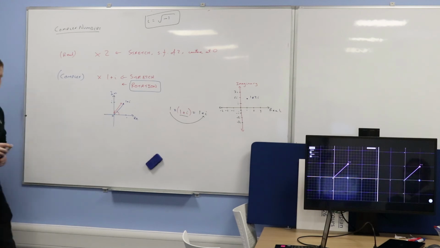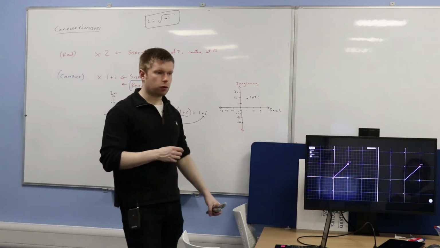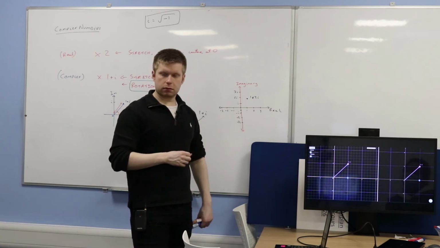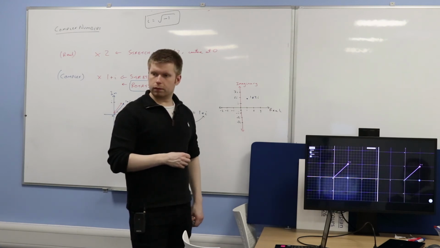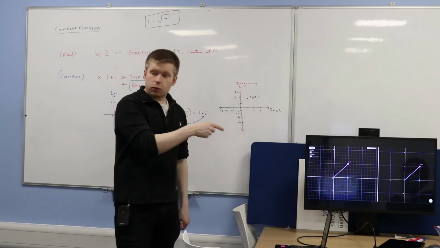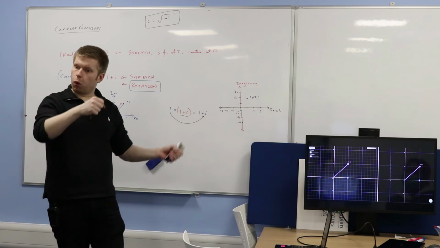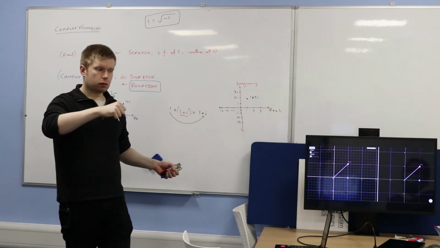No other number is going to end up at the same position. Does that make sense? That's why we always look at where 1 ends up, and then we can do the rotation relative to what happens to 1. Oh, okay.